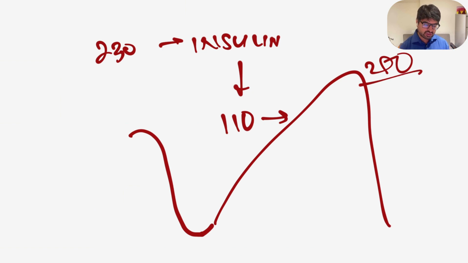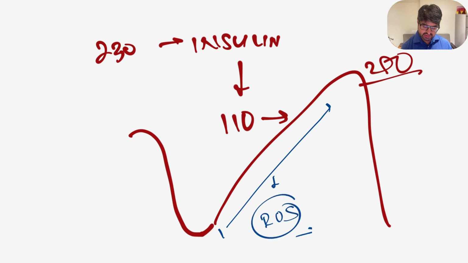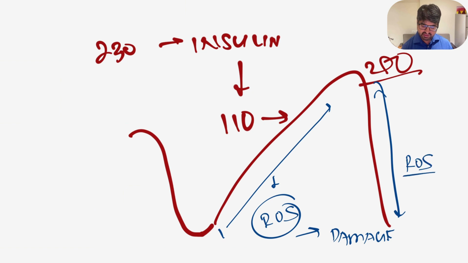When the sugar goes up from this to this, there is development of reactive oxygen species, which produces damage. And when the blood sugar comes down from high to low, again, there is development of reactive oxygen species, which again does damage, right? So what you are doing is you are developing a roller coaster system where the sugar goes up, there is damage to the body, sugar goes down, there is damage again to the body.